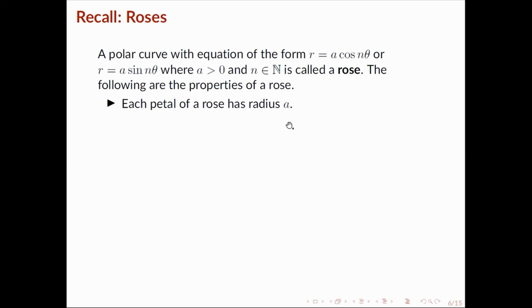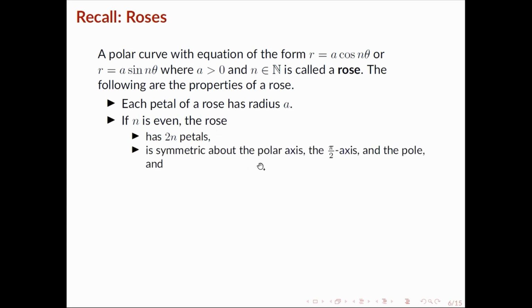This is because sine theta and cosine theta range from -1 to 1, so the absolute maximum distance of a point on the polar curve from the pole is a, which is its radius. If n is even, the rose has 2n petals.